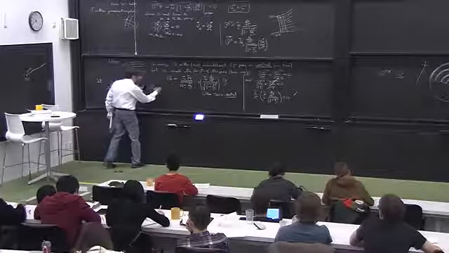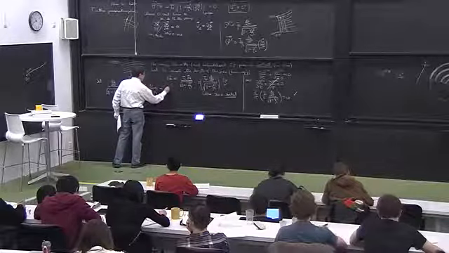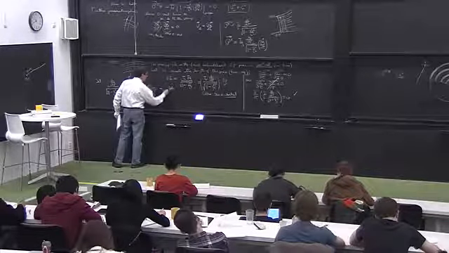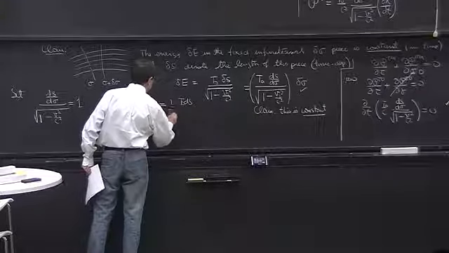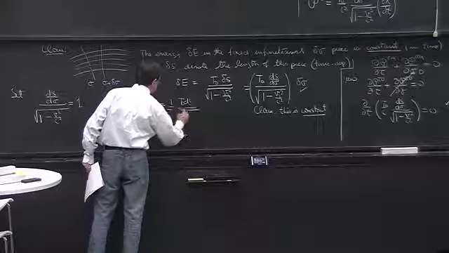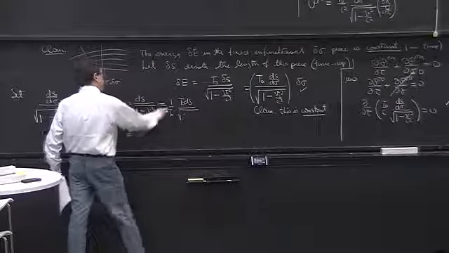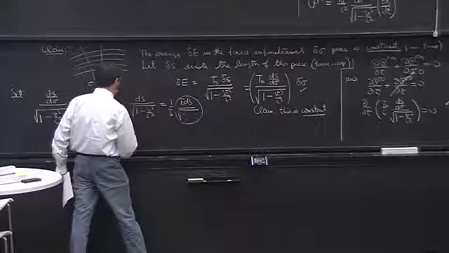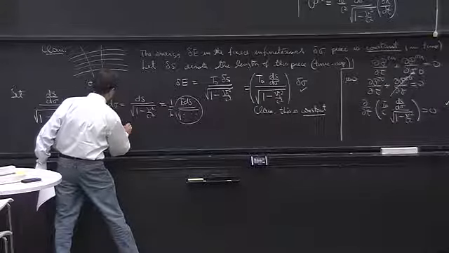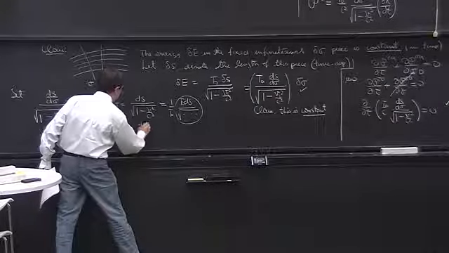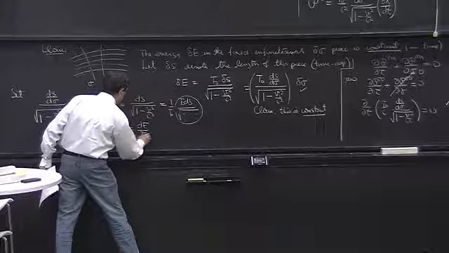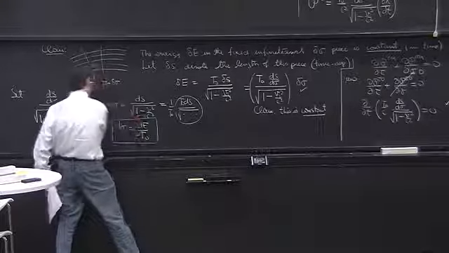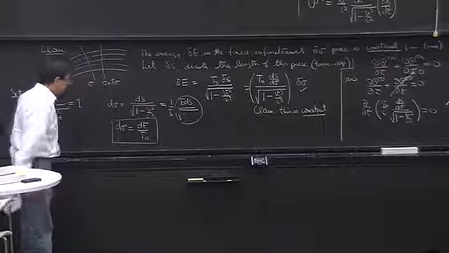We can do it a little nicer by putting a T naught ds, and 1 over T naught, and the same square root. In which case, this is the little amount of energy. So d sigma is the energy over T naught. And this is probably something worth remembering.